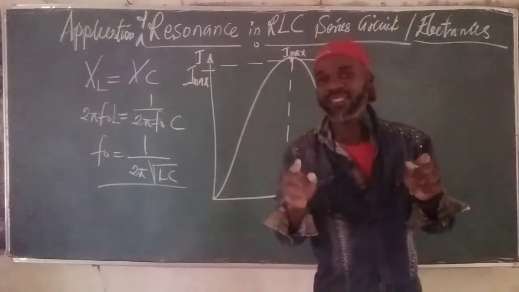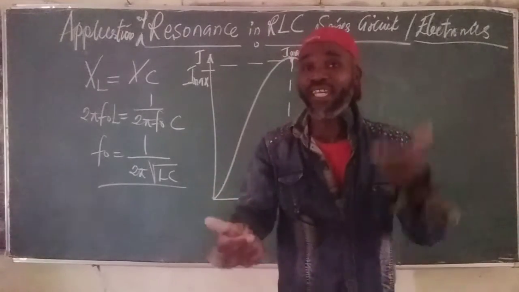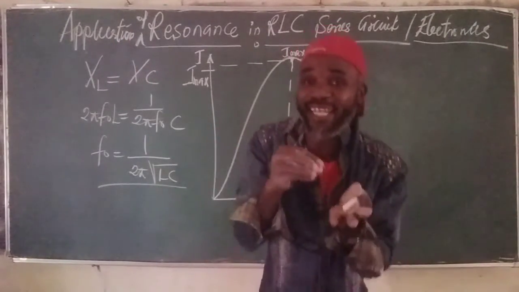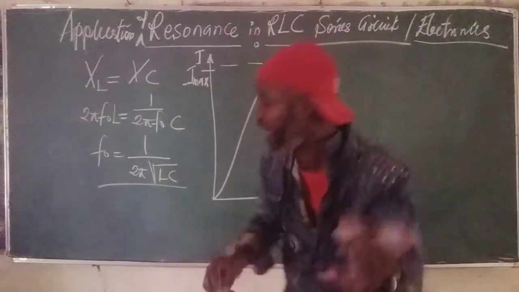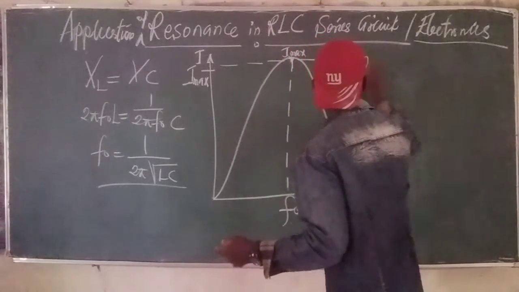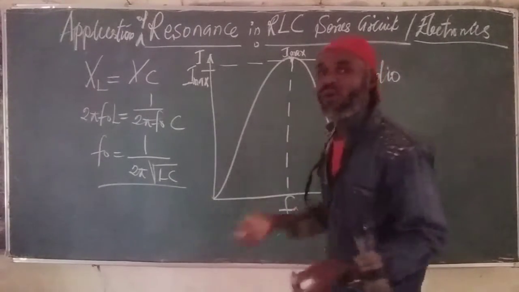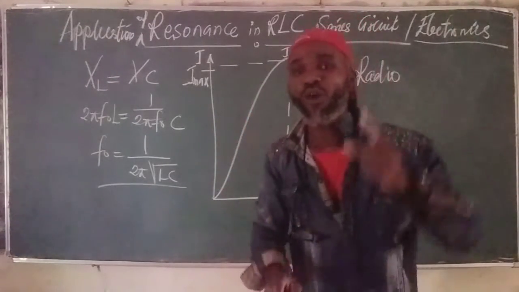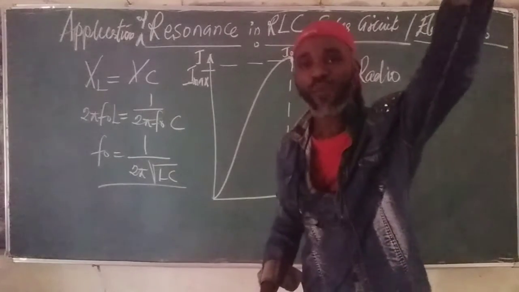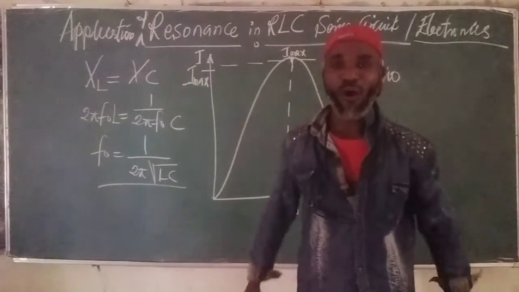The very moment there is an intersection between the incoming frequency and the electronic gadget, the radio in your hands, maximum current is attained, and once maximum current is attained, resonance occurs.